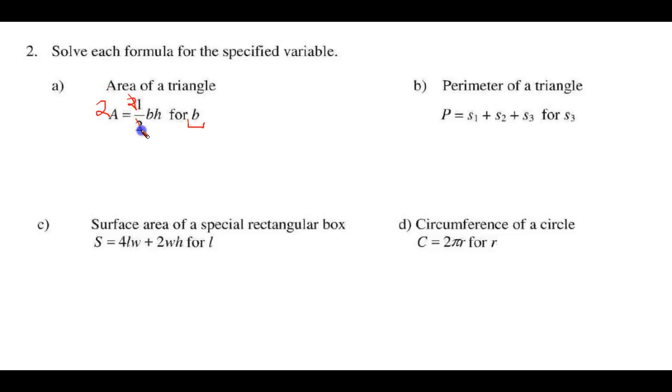That is correct. So you then get 2a equals BH. And how do you get the B by itself? Well, you just divide out the H. So B equals 2a over H.